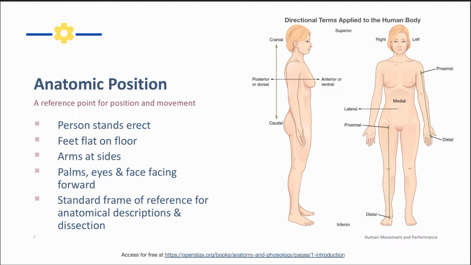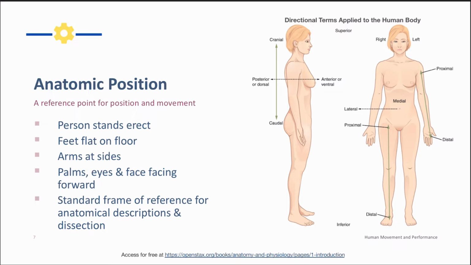The palms facing forward is important because you can stand comfortably upright with your palms facing inward, or medially. But we've determined that the starting position is the palms facing forward. That means the thumb is on the lateral aspect, or the outside of the hand. Its normal position is considered to be lateral, right?